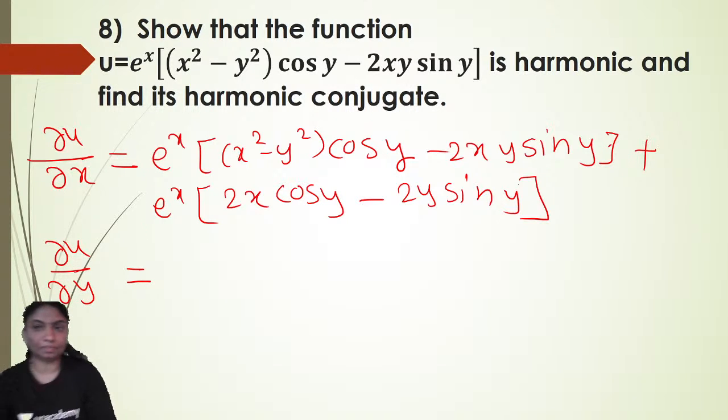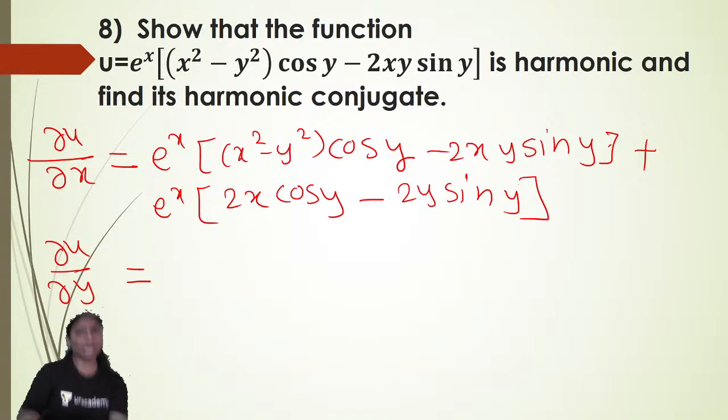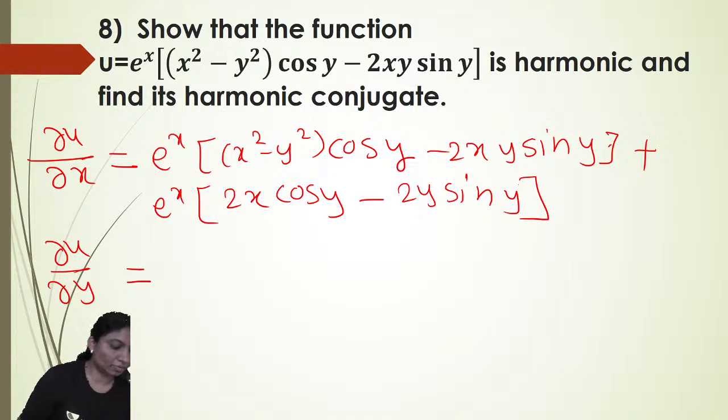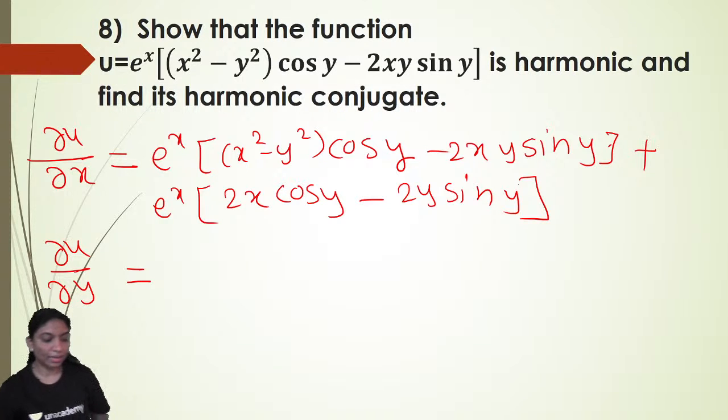Harmonic conjugate. First of all, show that it is a harmonic function. So for a harmonic function, we have to show that dabba square u by dabba x square plus dabba square u by dabba y square is equal to 0. Right? So calculate dabba u by dabba y.